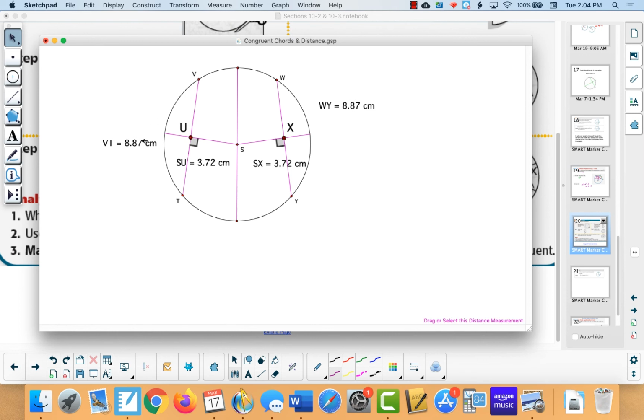And this also works backwards. If you have a pair of congruent chords in a circle, they will be the same distance from the center. And when you move this around, that stays the same. Chords that are equidistant from the center are congruent, and congruent chords in a circle are equidistant from the center.